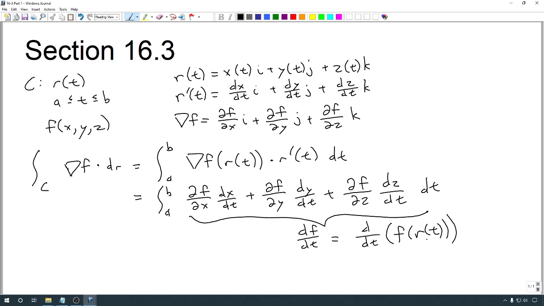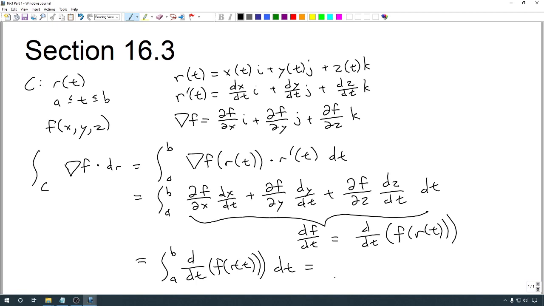So here, once we compose f and r, this is now just a function of 1 variable. And so we can rewrite this whole thing as the integral of the derivative of this composition. Once we've written this as an integral of a derivative, we are just working with the integral of a derivative of a function of 1 variable because we have this composition.